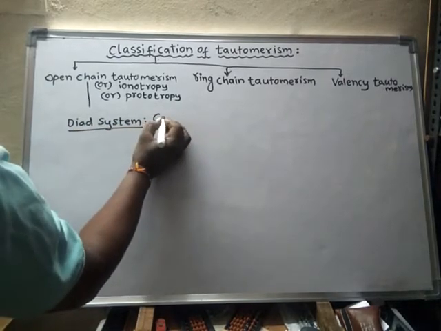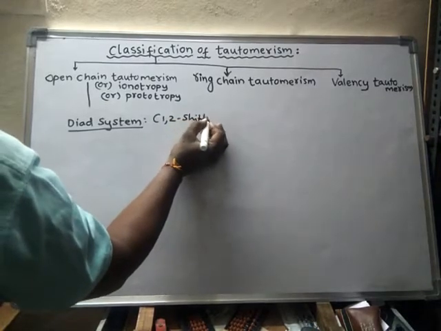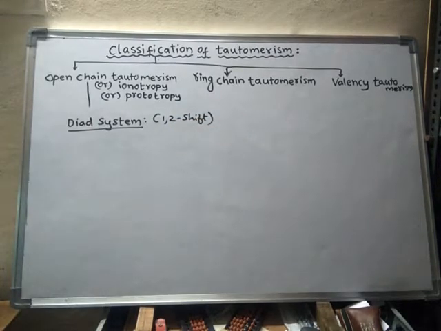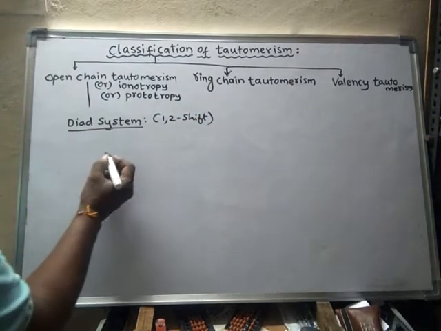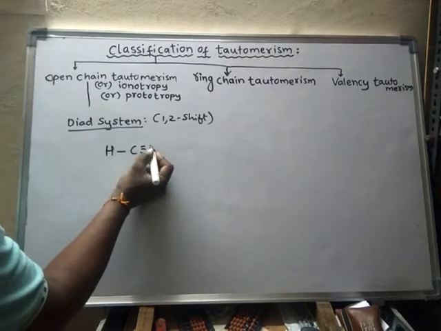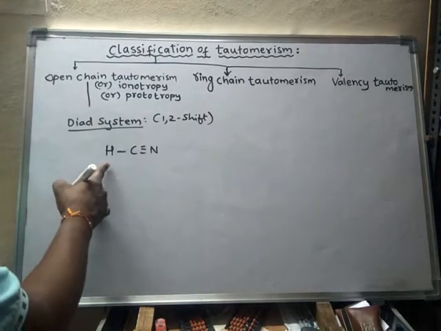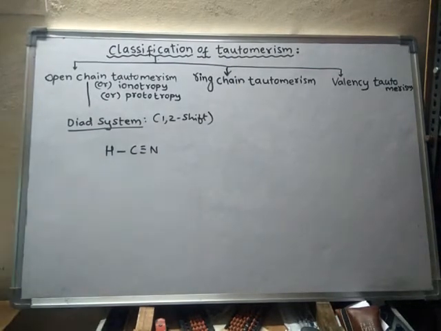Dyad system is also called 1-2 shift. For example, this is called hydrocyanic acid. So here what happens?